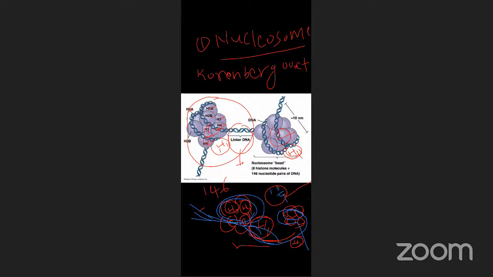The linker DNA consists of 54 nitrogen bases. Almost, in one nucleosome, how many nitrogen bases are there? To write exactly, 200 nitrogen bases are there.